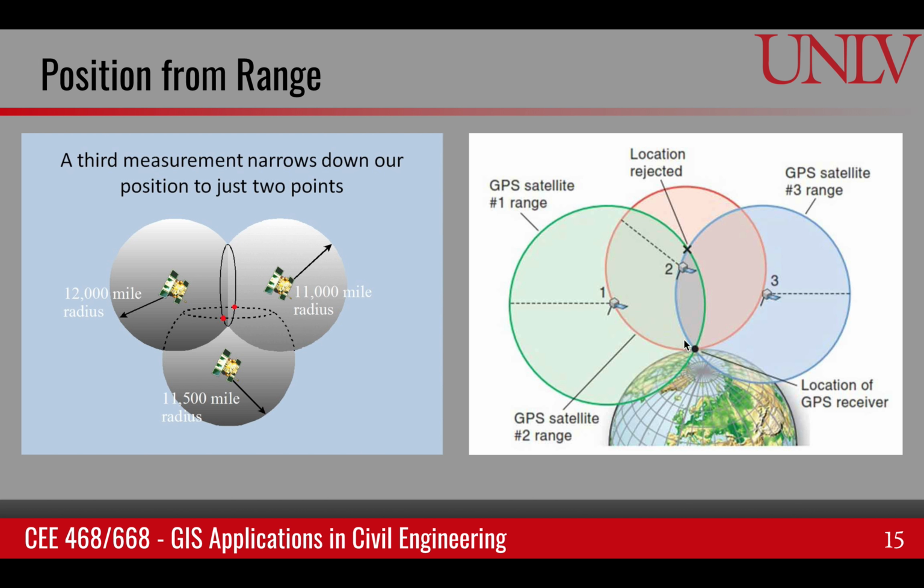But to not have this ambiguity, you need at least 4 satellites to pinpoint the location on the surface of the Earth. So if you have 4 broadcast signals, you can pinpoint the location.